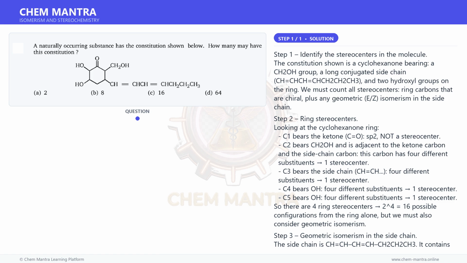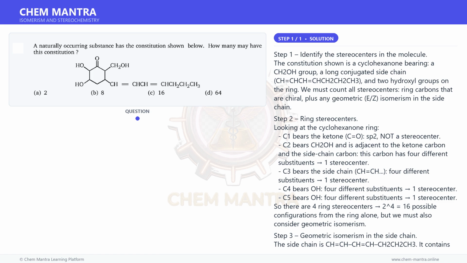Step 4. Reconcile with the answer of 8. Re-examining the structure more carefully, the question asks how many stereoisomers may have this constitution, meaning how many stereoisomers exist for this constitutional formula.